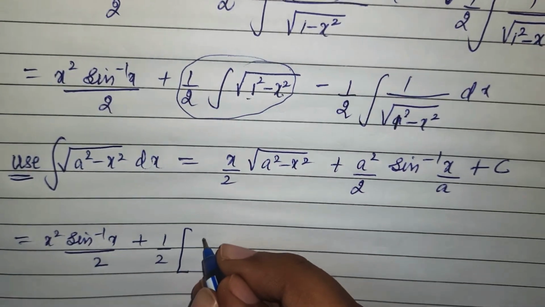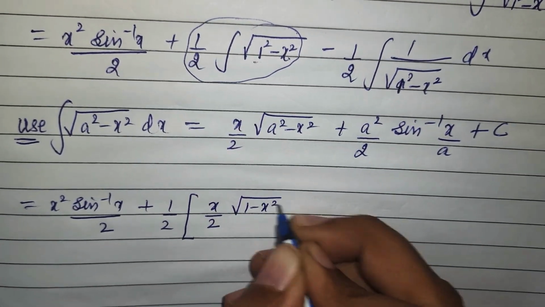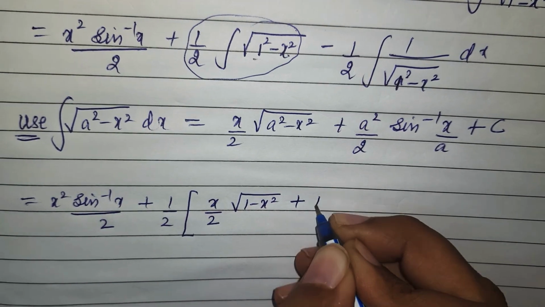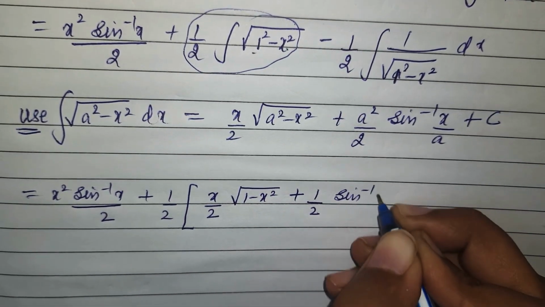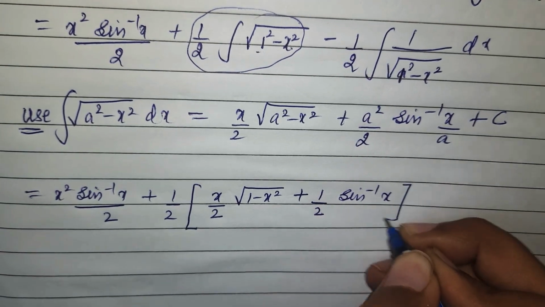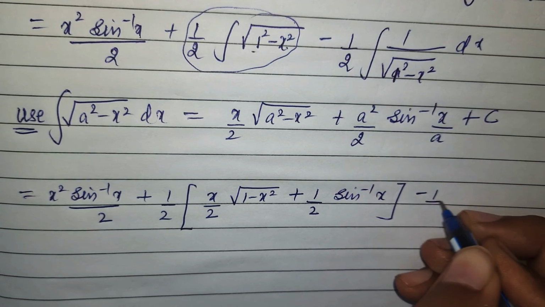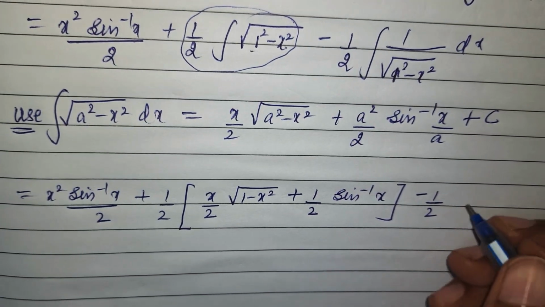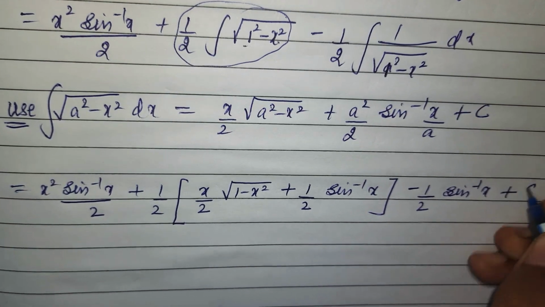That means x by 2 under root 1 minus x square plus 1 by 2 sine inverse x. And this will become 1 upon under root a square minus x square, so this will become sine inverse x plus c.